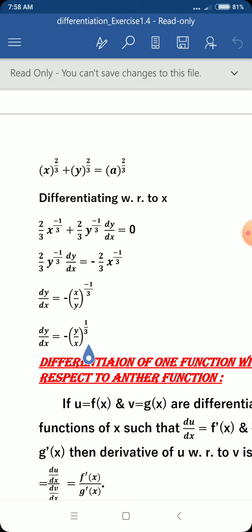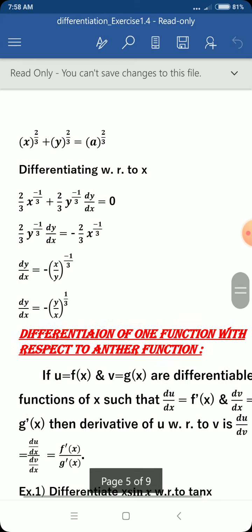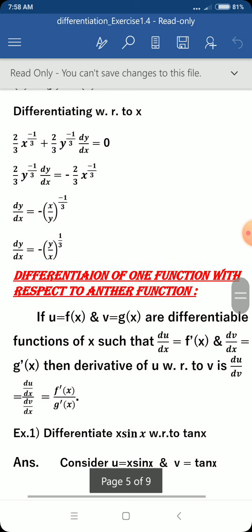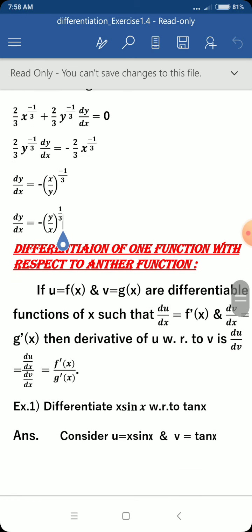Then we get dy upon dx equal to minus in bracket x upon y raised to minus 1 upon 3. Now rearranging the terms, we finally get dy upon dx is equal to minus in bracket y upon x bracket raised to 1 upon 3.